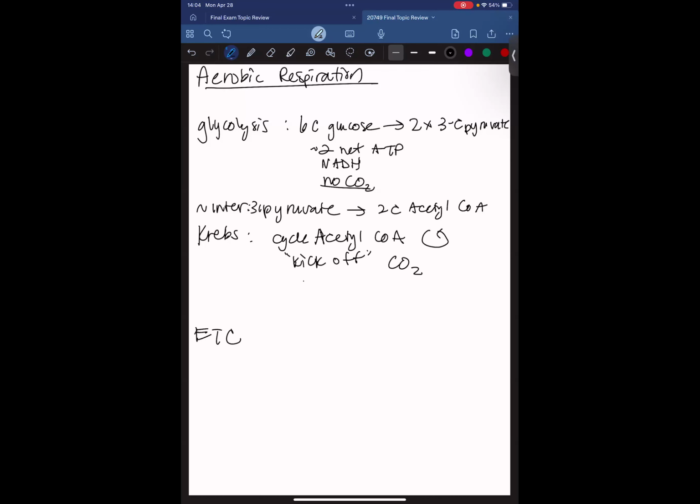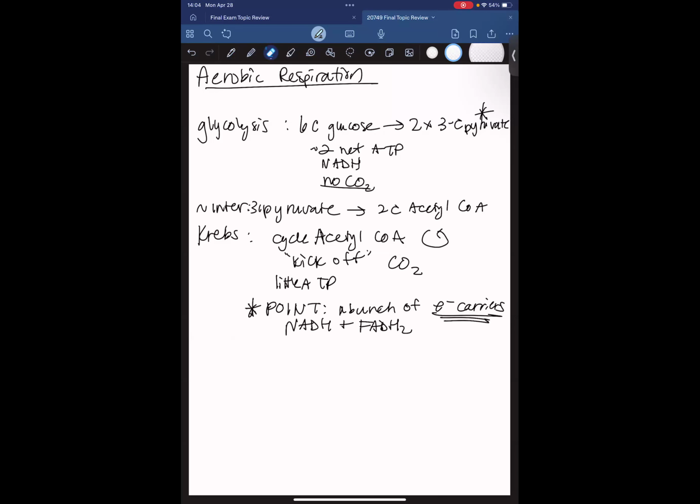We're going to be making a little bit of ATP, but that's not the whole point. The point of this whole thing is to get a whole bunch of our electron carriers, NADH and FADH2. This is the whole point. The point of glycolysis was to make pyruvate. The point of Krebs is to make NADH and FADH2.